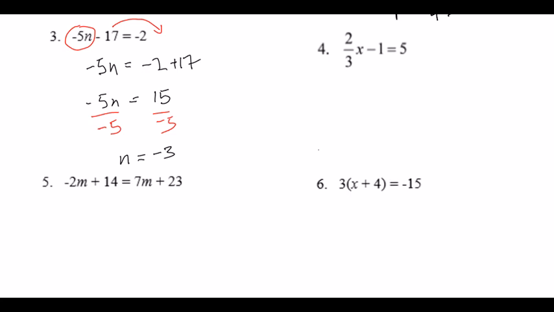For question number 4, anytime you see a fraction in any problem, what I'd like you to do is look at the lower part of the fraction, which we call the denominator. And use the denominator and multiply it against every number in the equation to start.